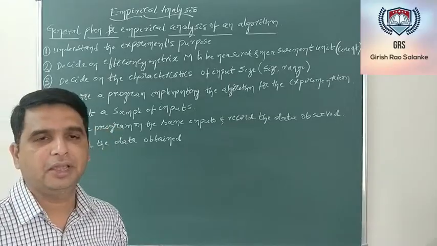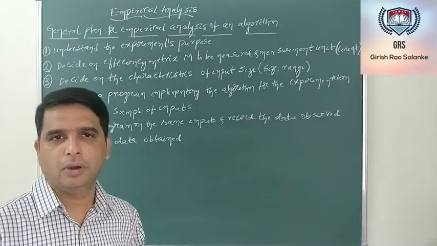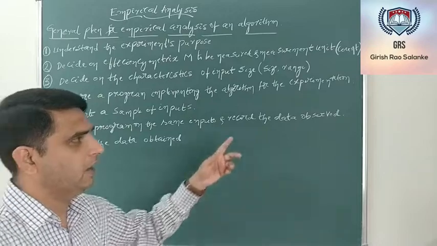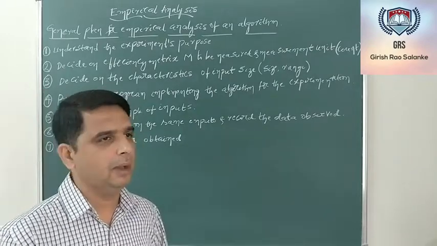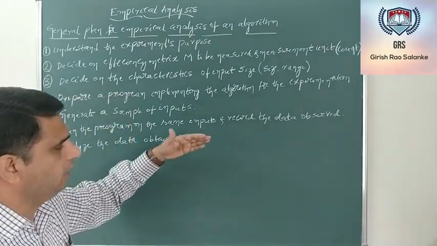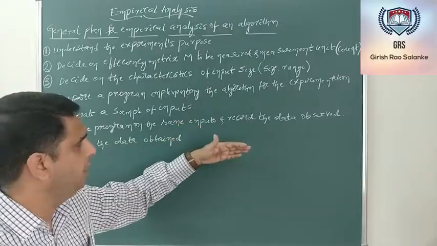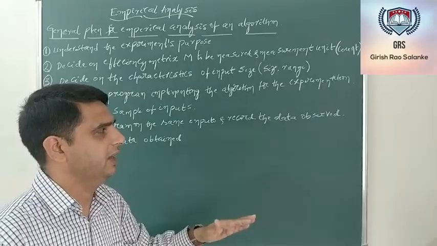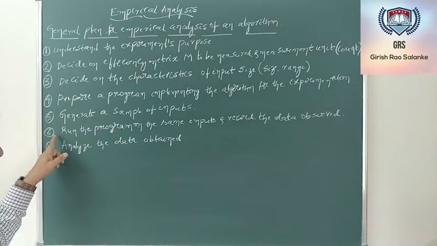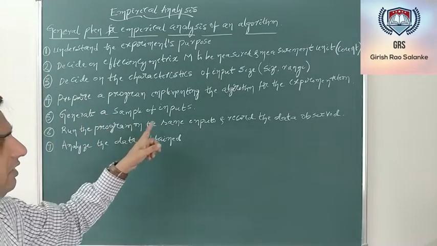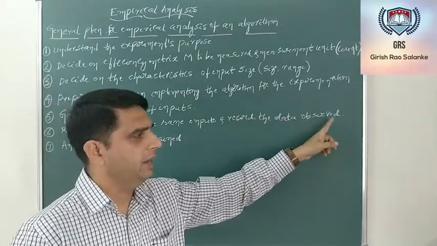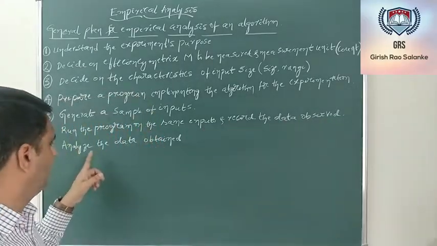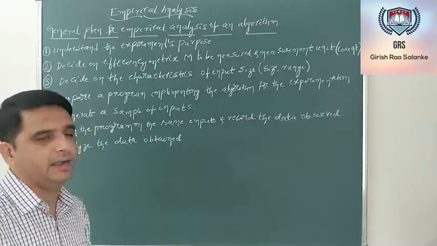Now, supply that input to your code and record the data observed. In the sixth step, run the program on the same inputs and record the data observed. And finally, I need to analyze the data obtained.